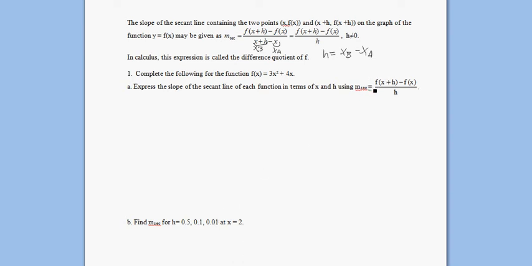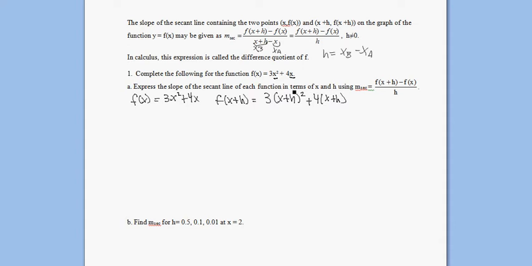So we have a new formula here, so let's just write out f of x plus h. If f of x is equal to 3x squared plus 4x, that means f of x plus h is equal to 3 times the quantity x plus h squared plus 4 times the quantity x plus h. So wherever I see x, I'm going to put x plus h.